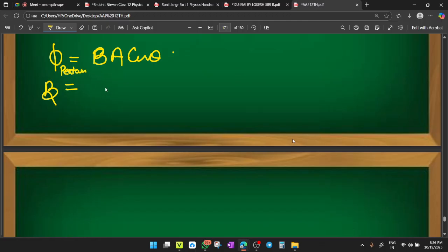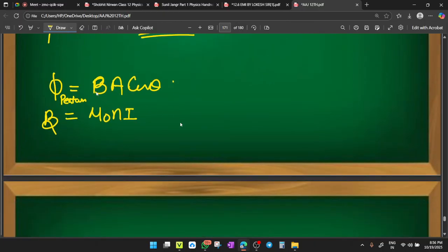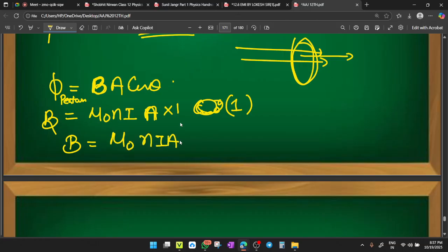B equals to mu naught n i, the magnetic field inside the solenoid coil. A is the area of coil, and cos theta is equals to cos 0 degree. Why? The magnetic field is here and the area is also in the same direction. So this is cos 0 degree, it will give you 1.